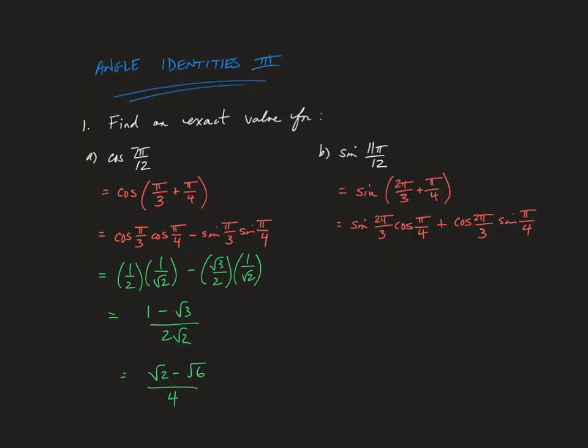This was an instance where we were dealing with an angle 2 pi by 3 that was not in the first quadrant. So maybe I went through and I drew on a special triangle just so I could remember that that adjacent side had to be negative. Now I can go through and I can find all my values. So my sine of that is going to be root 3 over 2. My cos of pi by 4, I'm really solid with.